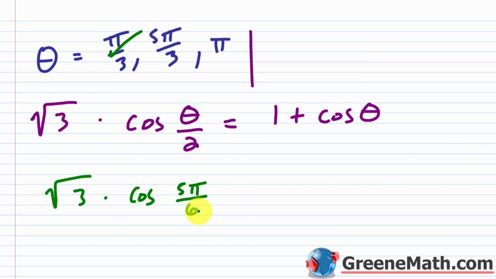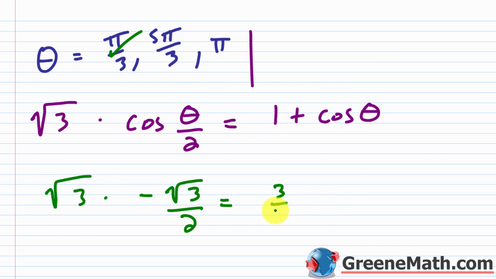That has a 30-degree reference angle, and it's in quadrant 2, so it would be the negative of the square root of 3 over 2. Over here I have 1 plus the cosine of 5 pi over 3, and we already know this is a half. This ends up being 3 halves.